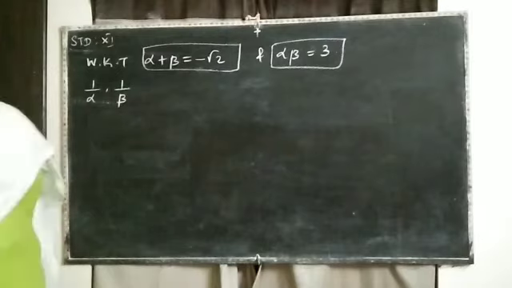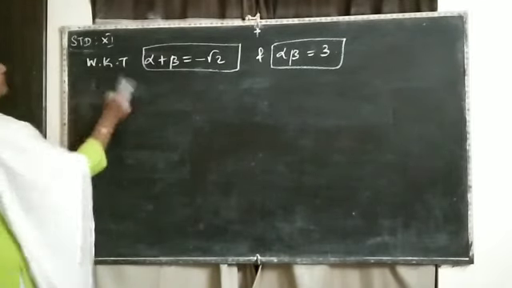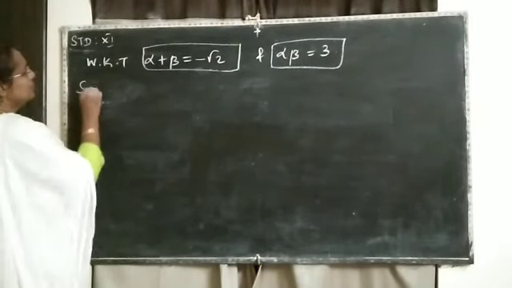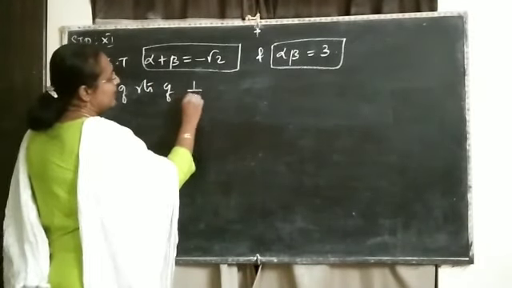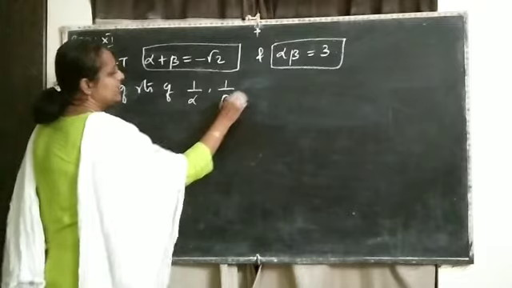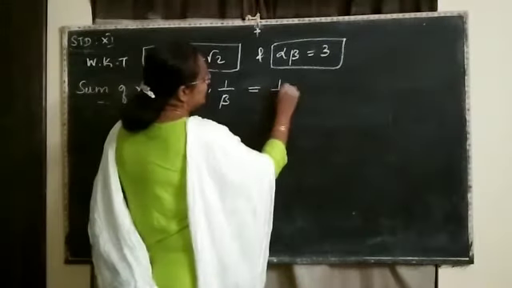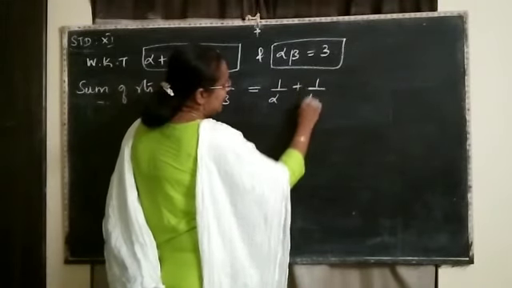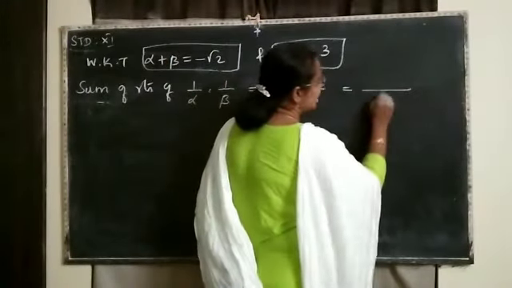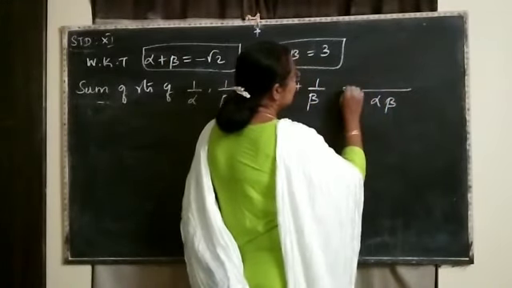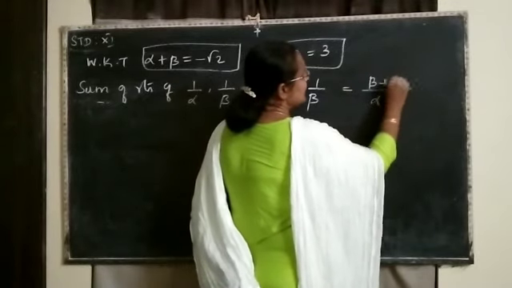Now let's find the sum of roots. Sum of roots of 1 by alpha, 1 by beta will be equal to 1 by alpha plus 1 by beta. Since it is a fraction, we will take the LCM. So alpha beta, now this becomes beta plus alpha.